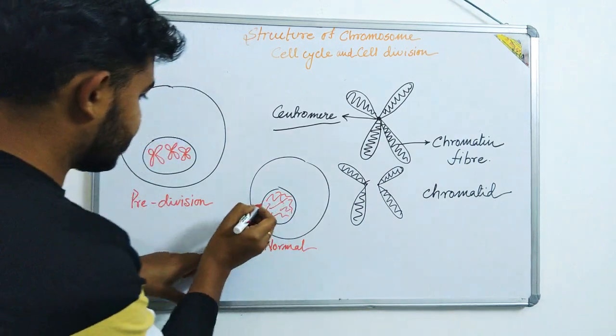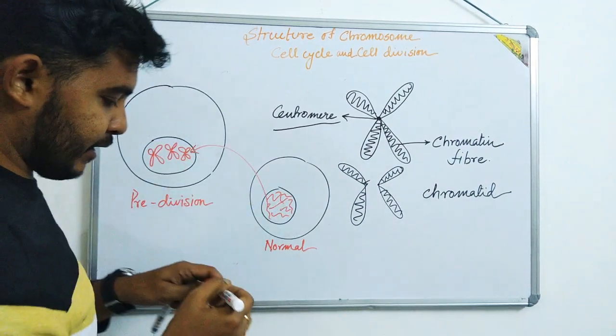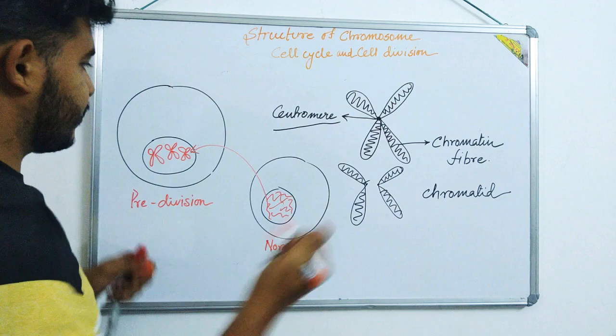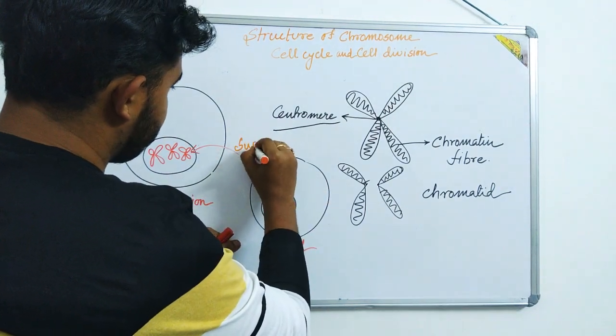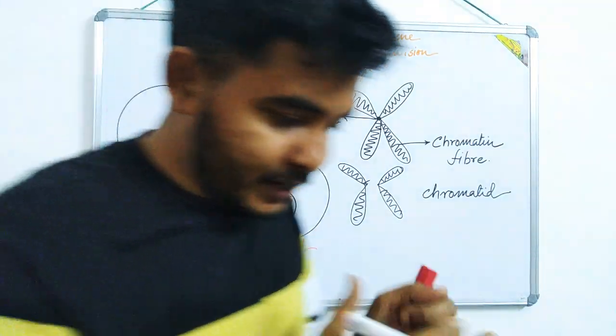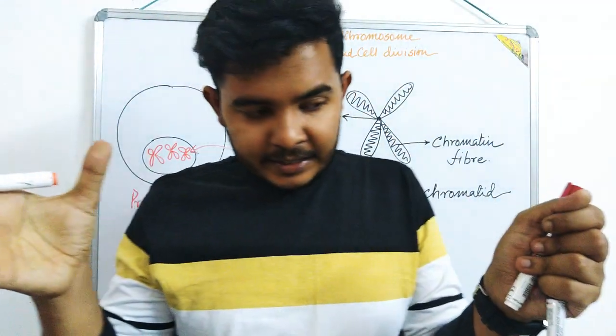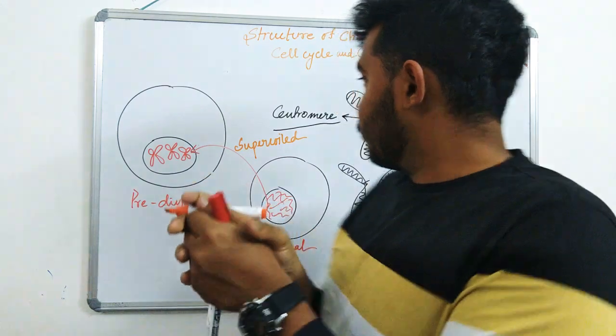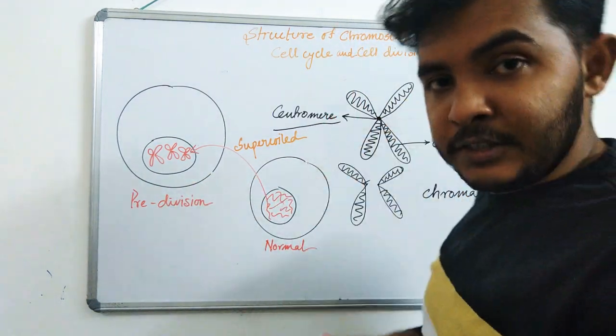These things get supercoiled, meaning they coil around each other and come closer to form this particular structure.